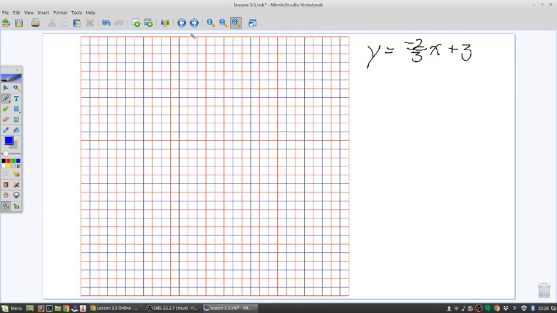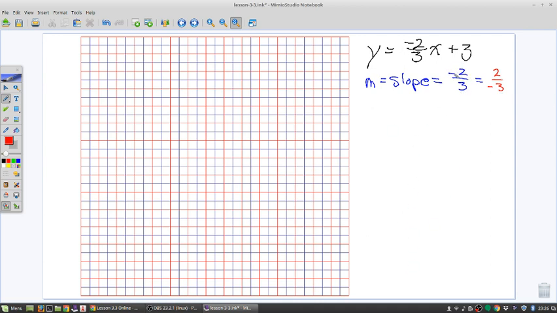All right, another example. This one's kind of lame, but we're going to take a look at just the simple equation, y equals negative 2/3 x plus 3. So my slope, m, is negative 2/3, which, by the way, could also be viewed as 2/-3, because a positive over a negative is a negative, and a negative over a positive is still negative.